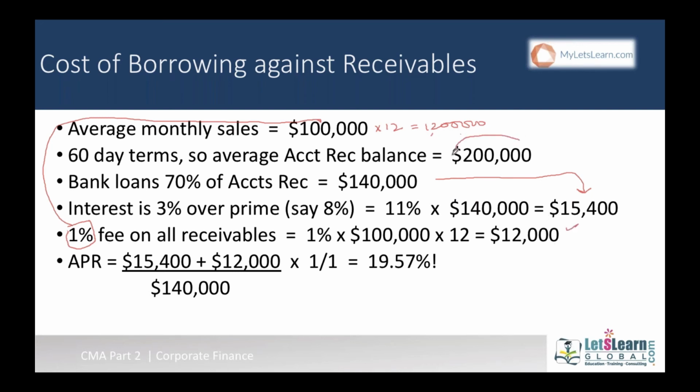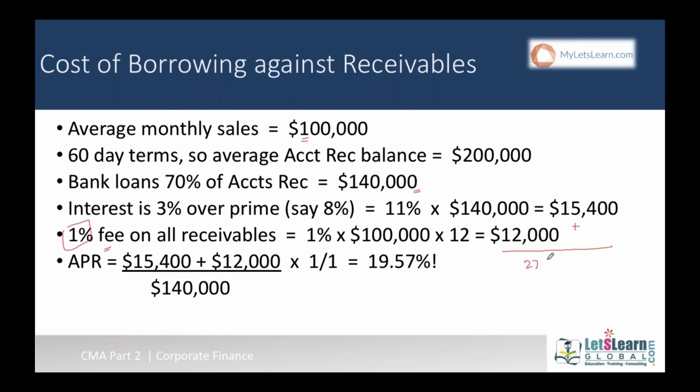So how much are you getting here? 200,000 times 70%, 140,000. On 140,000, you are paying a cost of 15,400 towards interest and 12,000 towards fee. Always remember this fee is collected on the total receivables, whereas the interest is calculated only on the loan amount.